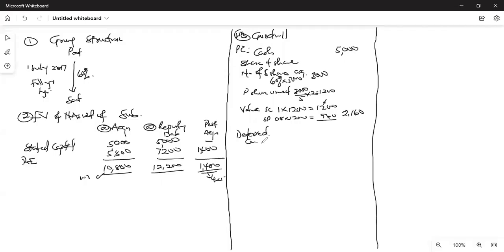So deferred consideration was what? 2,000 over 1 plus 0.06 raised to the power 3. And that gave us what? 1679, right? So we total.